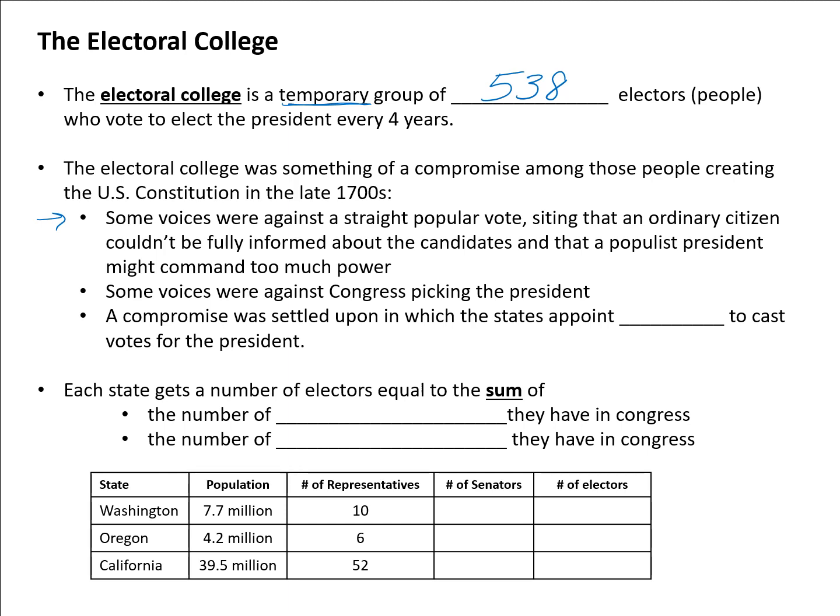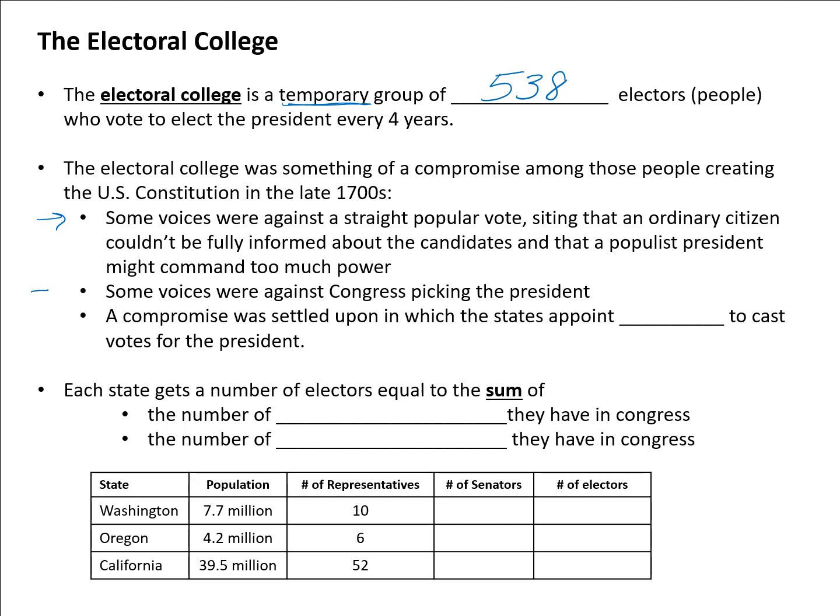They were really worried about the ability of people out there, because at that point in time we had lots of rural areas in the country, and not the best way of getting news out to people, so they might not be informed enough to actually vote for president.